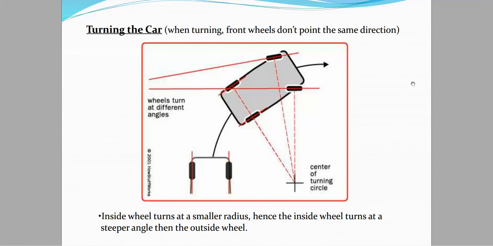While turning the car, the inside wheel makes a smaller radius as compared to the outer one, by which the inside wheel has to turn less or rotate lesser than the outer one.